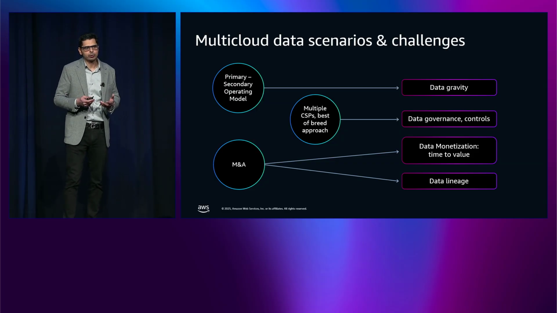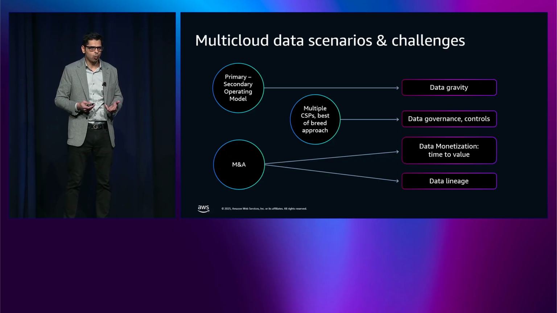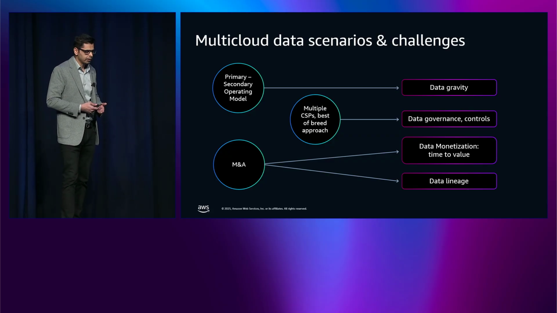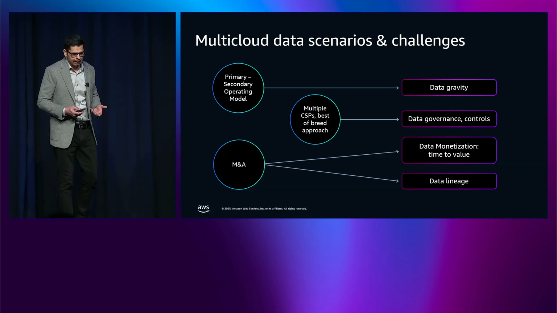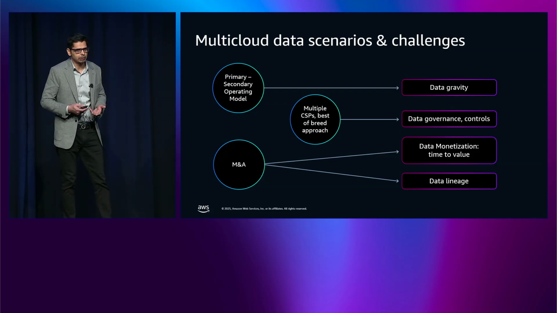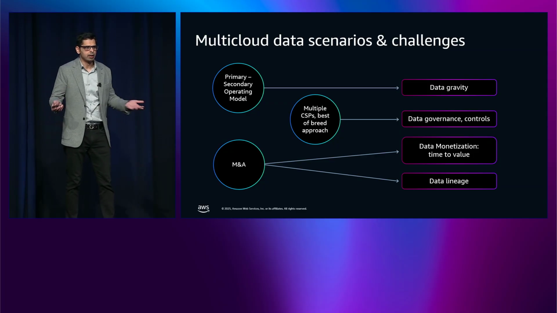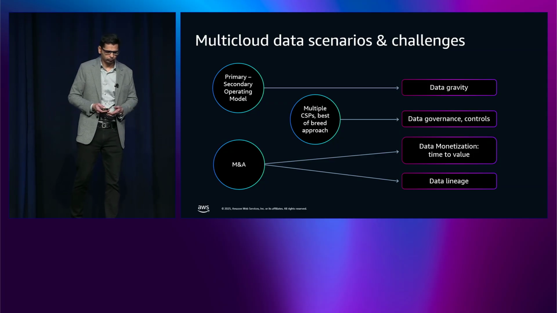The intention was to get the best out of another business which has been acquired, but at the same time, the time to realize or the time to monetize the data sometimes becomes a challenge because you don't have the right data architecture or controls for the two clouds.